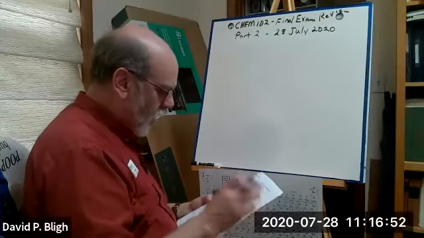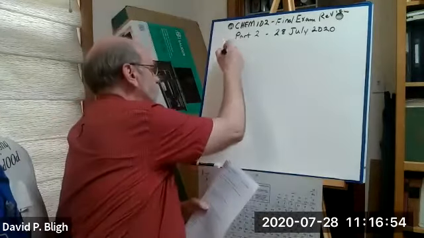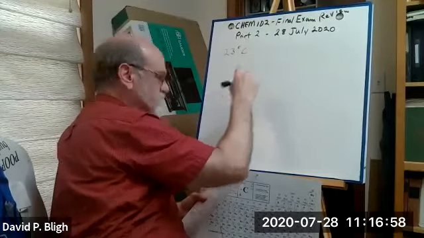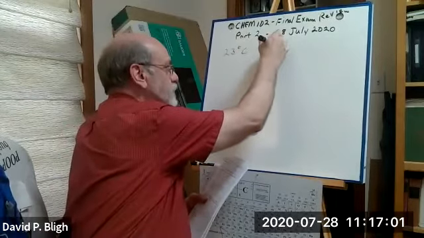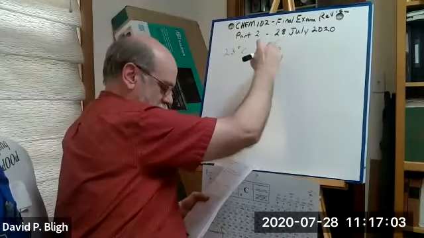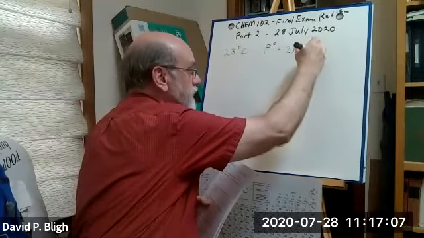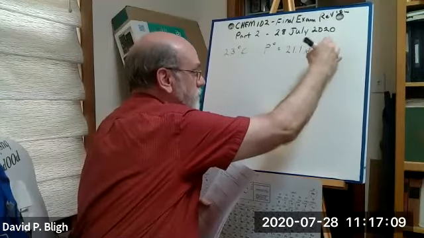We've got water at 23 degrees, pure water has a vapor pressure of 21.1 millimeters of mercury.